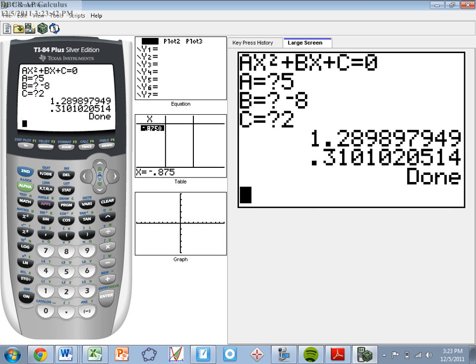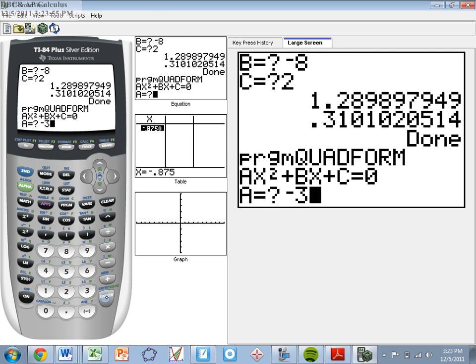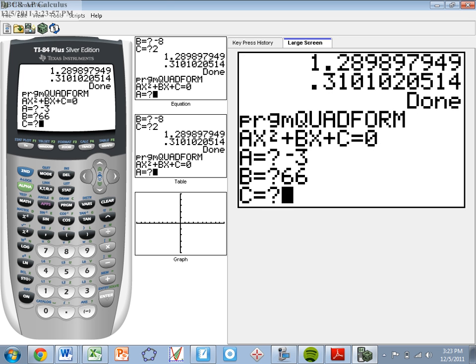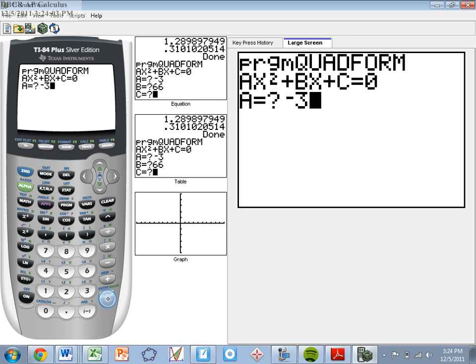Now, if we did an example with imaginary roots, and I'll give you an example. If we run the program one more time, and let's say instead we had -3, 6, and -5. Let's say this was our problem.